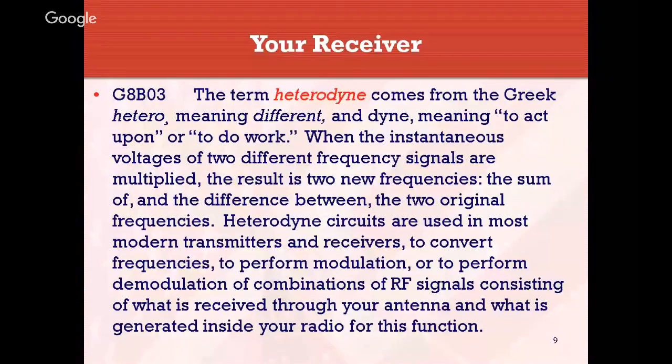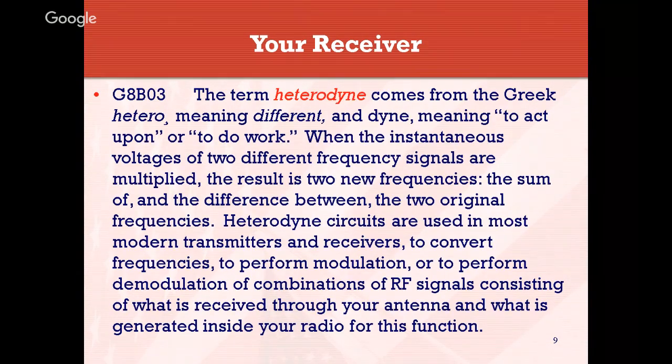So the term heterodyne comes from the Greek hetero, which means different, and dyne meaning to act upon or to do work. When the instantaneous voltages of two different frequency signals are multiplied, the result is two new frequencies, the sum of and the difference between the two original frequencies.